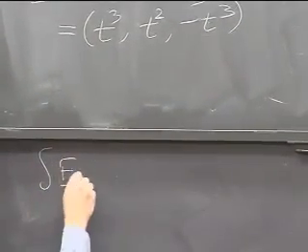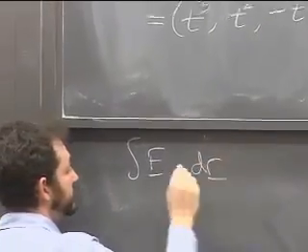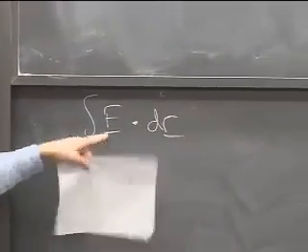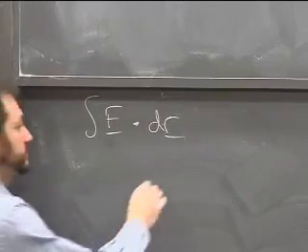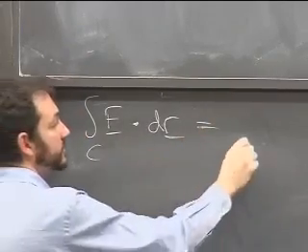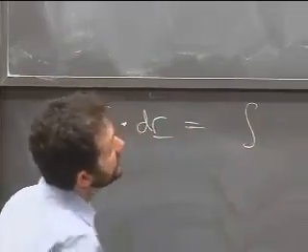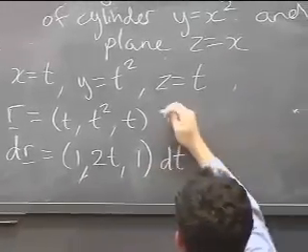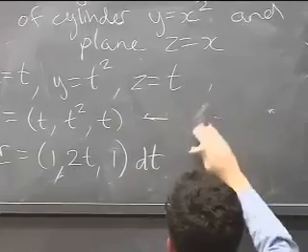And so the integral, the flow integral, otherwise known as the work integral, again, if F is forces, then this is work. If F is velocities, then this is flow. Along this curve C mentioned here, it's clearly going to go from t equals 0 to 1.